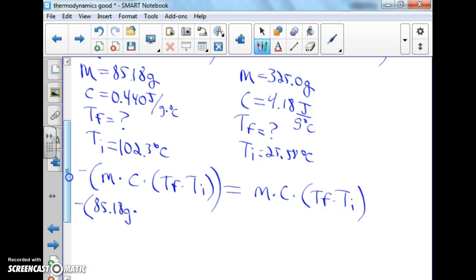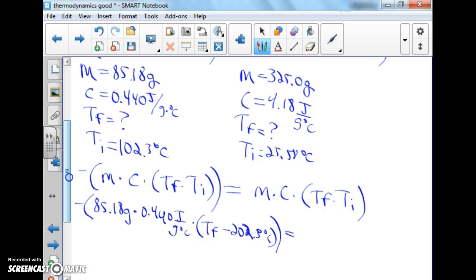So all I'm going to do is plug in the numbers going all the way across. So 85.18 grams and 0.440 joules over grams degrees Celsius. Remember, your TF is what we don't know. But we do know the beginning temperature. Sorry, 202.3 degrees Celsius. Is that the right temperature? Yeah, this is a 2 here.